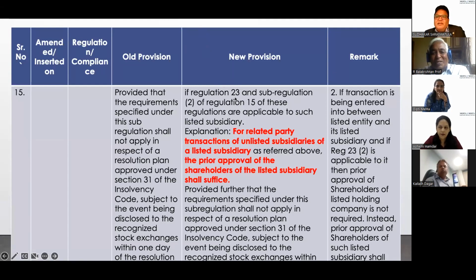There is a question asked to Sudhakar sir. Sudhakar sir, please throw some light on the following clause with effect from 1st April 2023: a related party transaction in which the subsidiary of the listed entity is a party. Very long, yes, it's a very long question. Reading takes time.